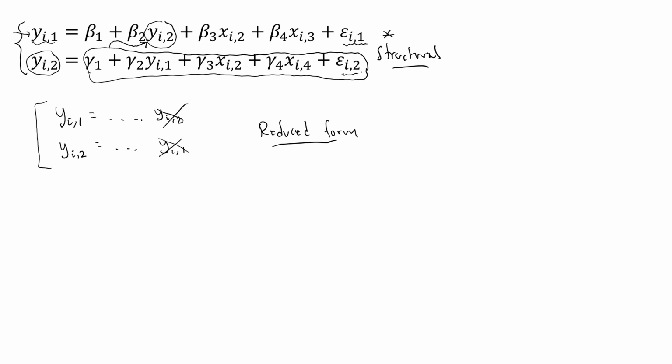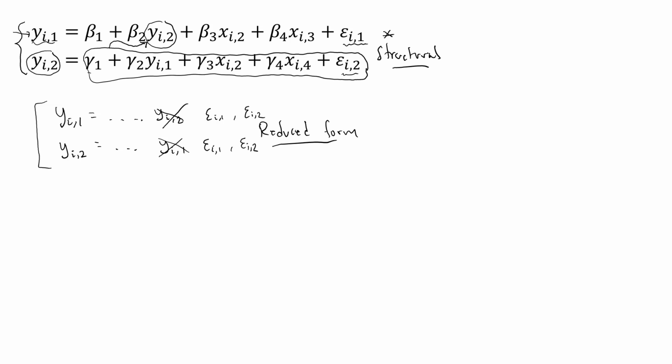However, in general, the first reduced form equation will depend on both the first and the second error terms. So this one will contain epsilon i1 and it will contain epsilon i2. And the same goes for the second reduced form. There will be an epsilon i1 and there will be an epsilon i2 in there.